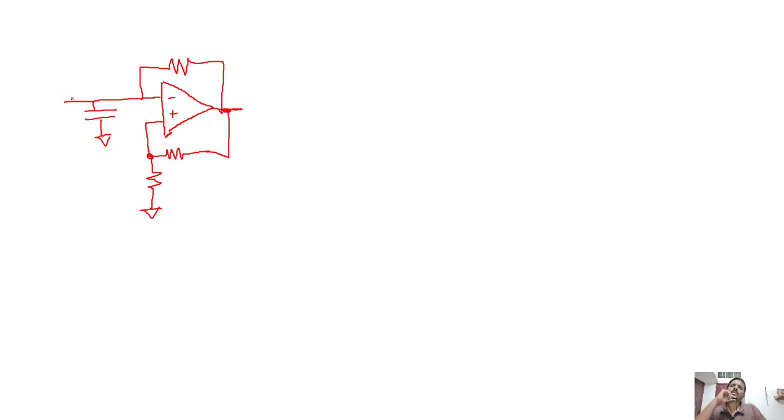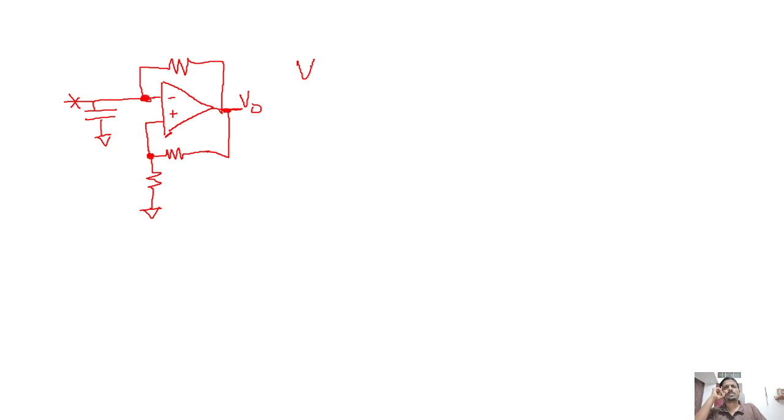Okay, let us try to determine the type of feedback here. As I mentioned earlier, the feedback has to be considered based on the voltage attained at this point and this point. So this is V0. At this point, what is the voltage?